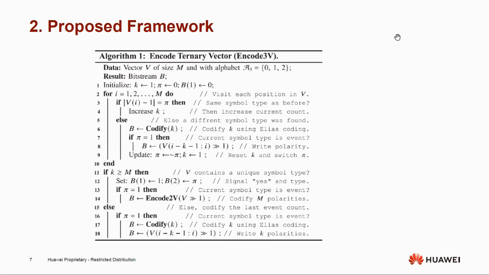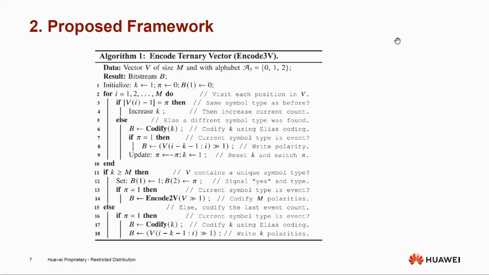So what you do is go through the whole vector that you have. And for each one, you check in line 3, for example, if the key is equal to the symbol that you have. In such case, you increase K. Otherwise, if you found already the count, you codify the count using Elias gamma or Elias delta coding. And then if that key is a non-event position, that means you also need to codify the polarity, to write directly the polarity.